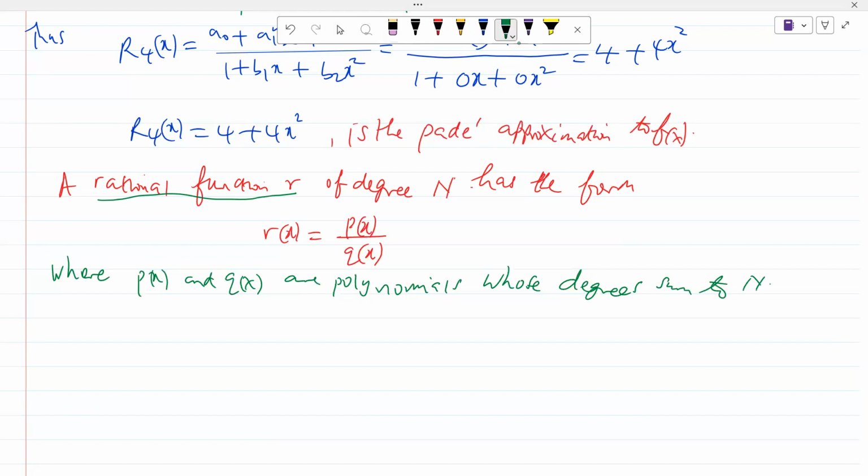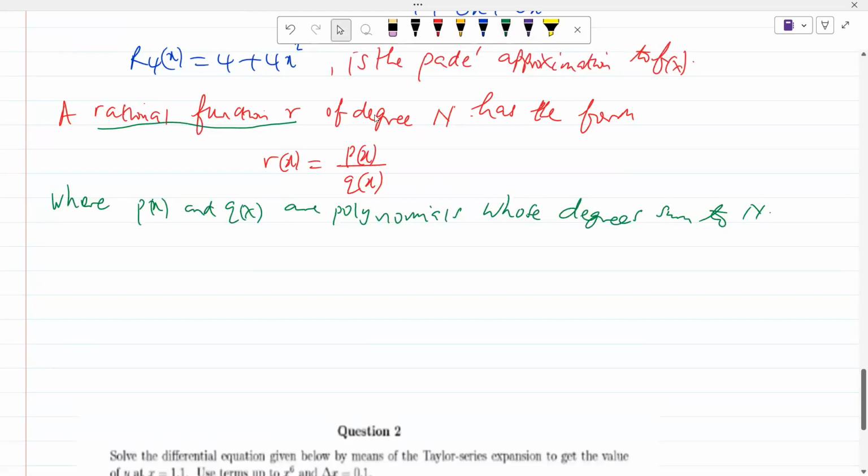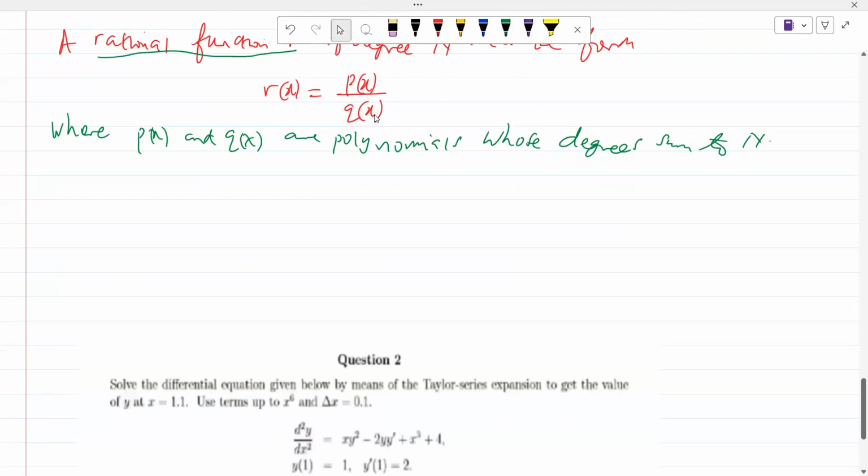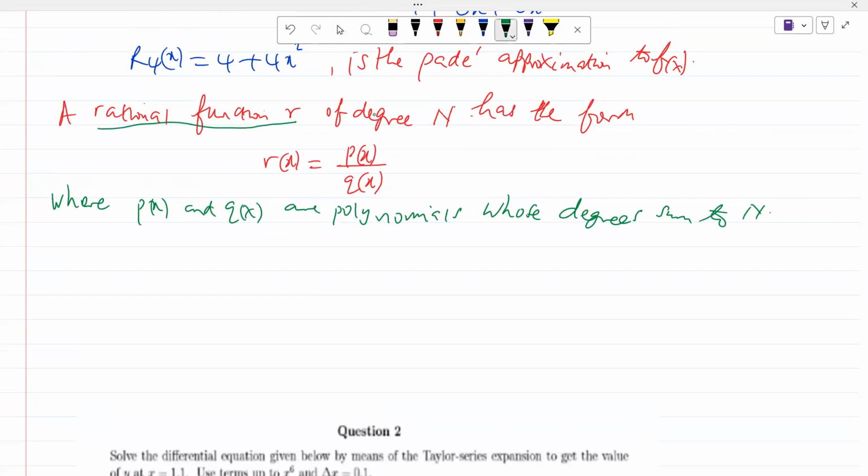What is a rational function of degree n? Such a rational function has this particular expression, where the P and the Q are polynomials whose degrees sum to n. I want to mention the degrees summing to n and the significance of that in view of the Pade approximation.